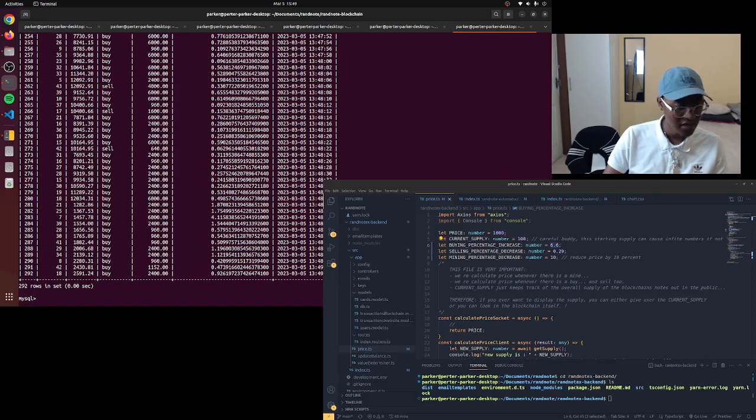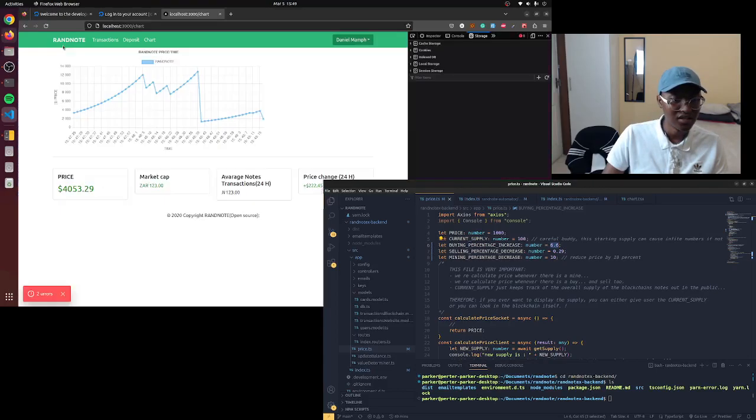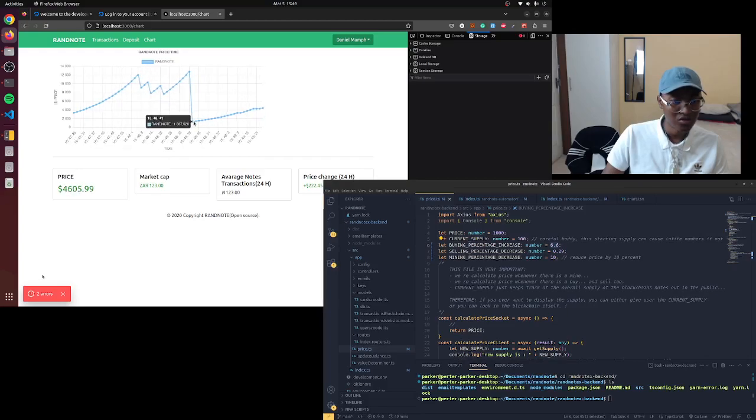But it picked back up again from 1.2. Why did it reduce so significantly? What the hell is wrong with this? Price goes from 12,000 all the way down, that's crazy.